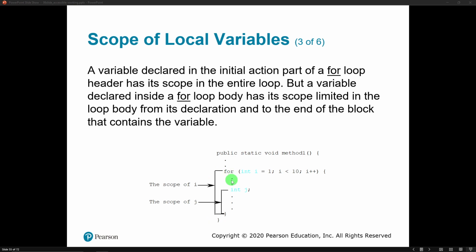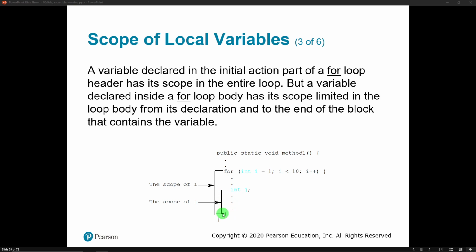Later on inside of our for loop, we declare a variable called J right here, and J can be used anywhere between the spot where it was declared and the end of the block. And here's the end of the block. So J can be used anywhere in here until the end of that block, and that's the last time we can use it.